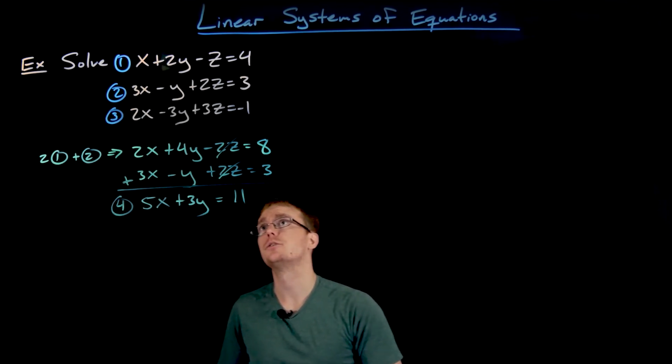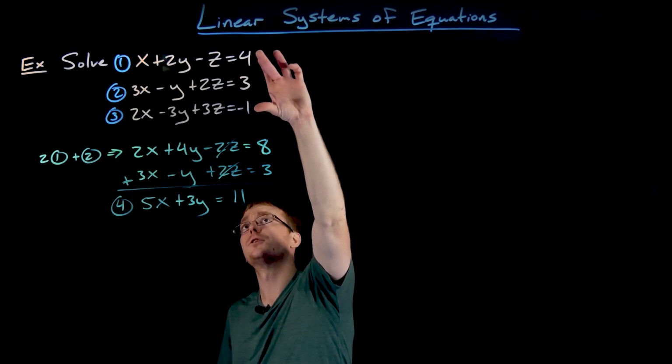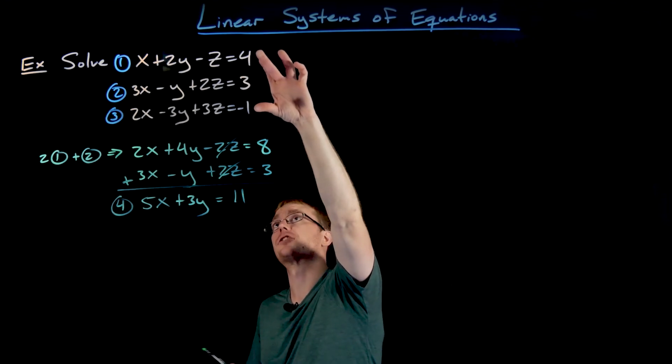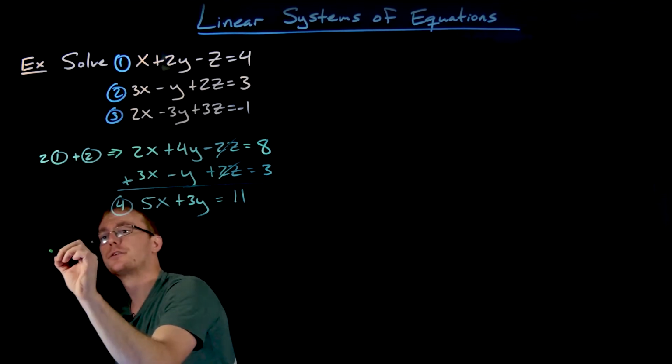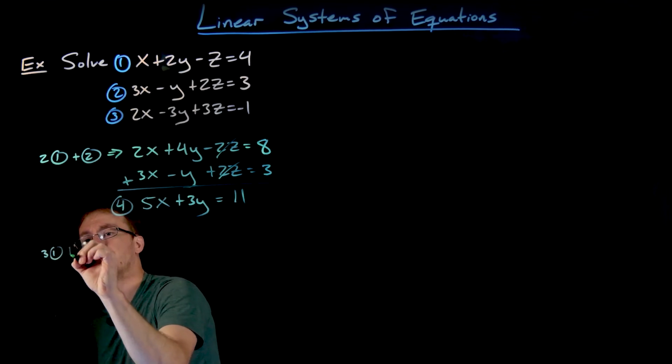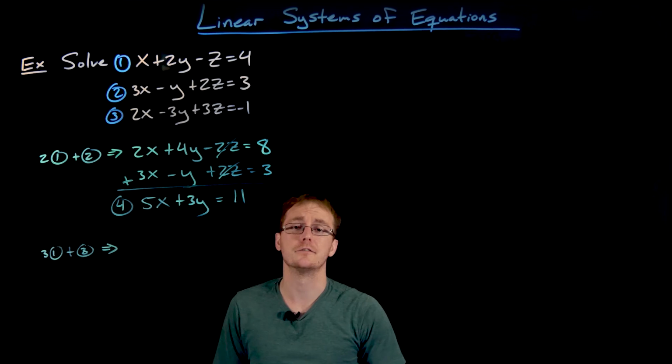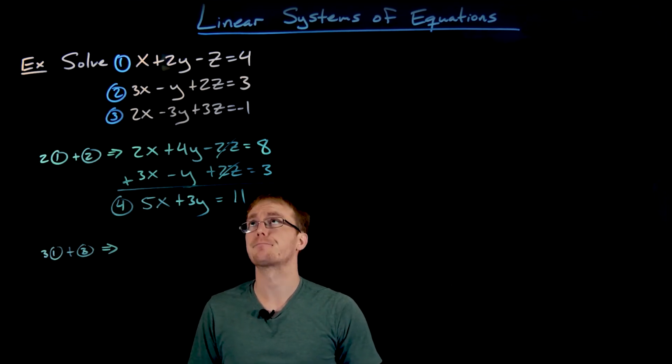And so now we need to use a different pair of our original three equations and eliminate z from that pair as well. Let's use that combination I described earlier, where we're going to take 3 times our first equation and add that to our third equation. That should get rid of z between those pairs.